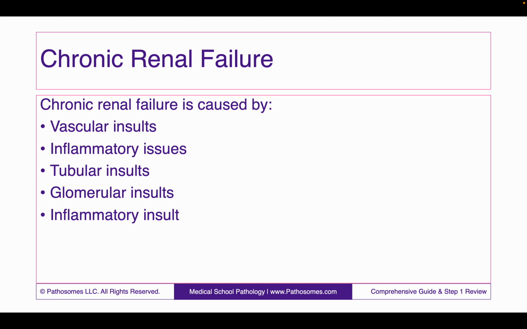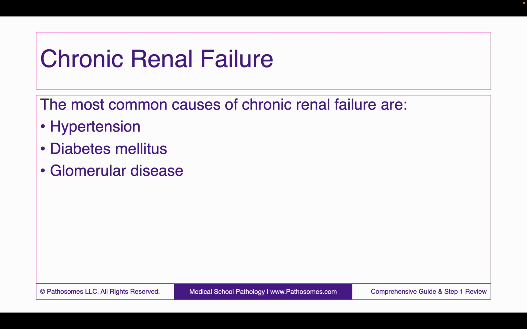Could be autoimmune or just from your immune system responding to some sort of pathogen. So we're going to discuss all of this. The most common causes of chronic renal failure include hypertension, diabetes mellitus, and glomerular disease.